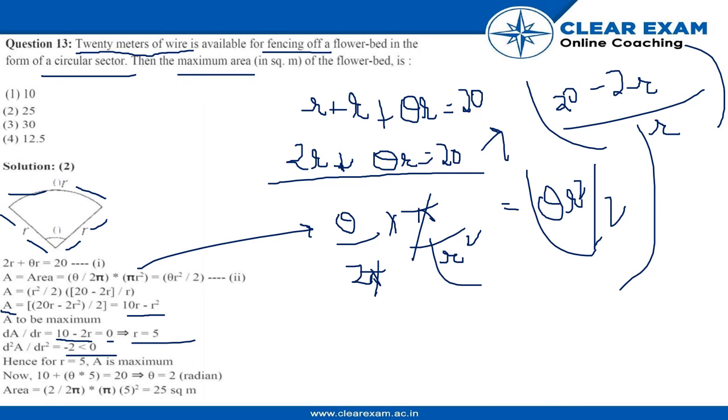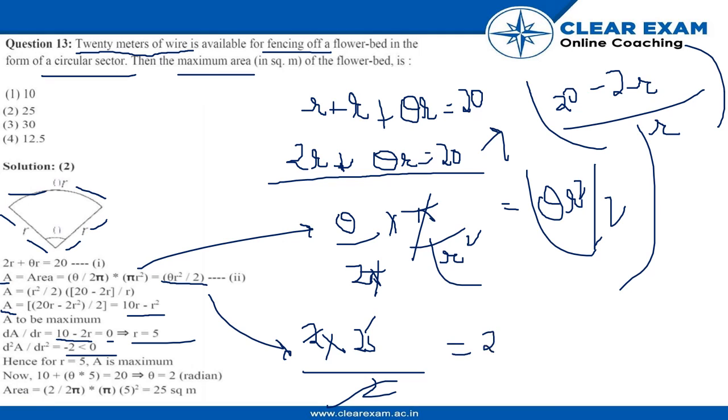Once we have both r and theta, just substitute those values here in A. We can see 2 into r square upon 2, r is 5, that is 25 upon 2. The 2 gets cancelled out and our answer comes out to be 25 square meter. Option 2 is the correct one.